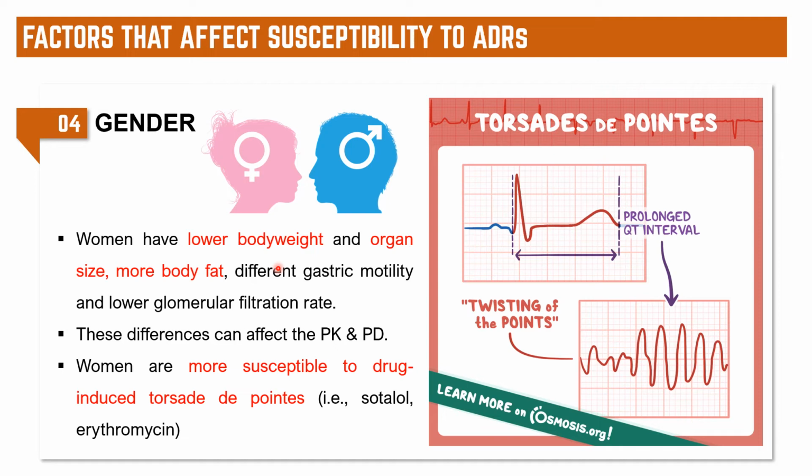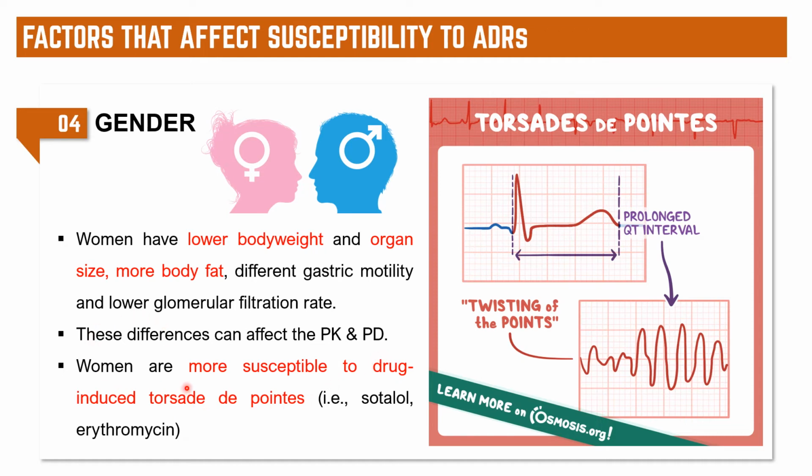Women, in comparison to men, have a lower body weight and smaller organ size, as well as more body fat, different gastric motility, and lower glomerular filtration rate. These differences can affect the way the body deals with drugs by altering the pharmacokinetics as well as the pharmacodynamics of the drugs, including drug absorption, distribution, metabolism, as well as elimination.